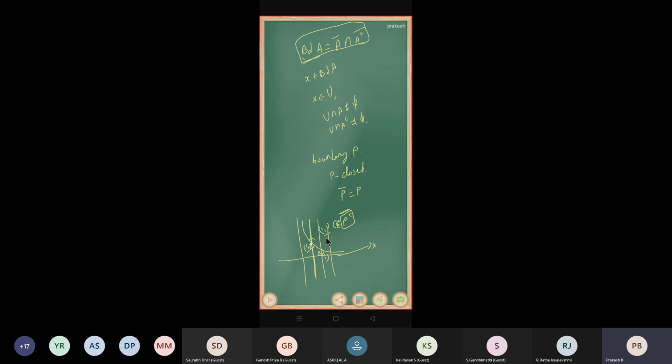So it is a limit point of B complement. So once you take B complement bar, you will get the whole space, that is N cross Q, right? Now you want to take the intersection of these two, that is B bar intersection B complement bar. The answer will be B, that is the boundary of B. So boundary of B is equal to B.